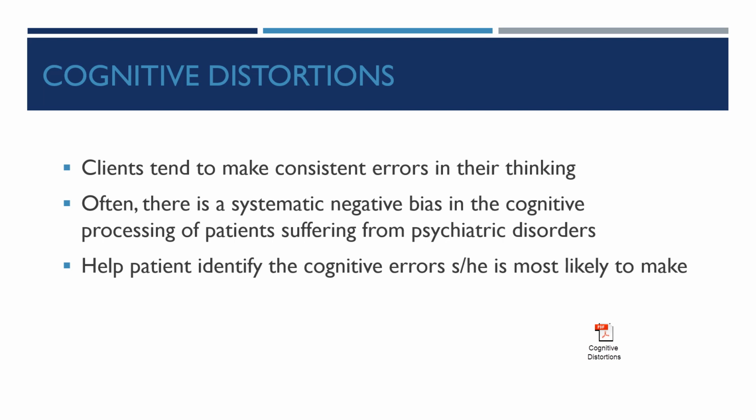So you can use this list of cognitive distortions in psychoeducation. You can explain what those are, and then do some activities to identify some of the cognitive distortions that your clients tend to get into more frequently.